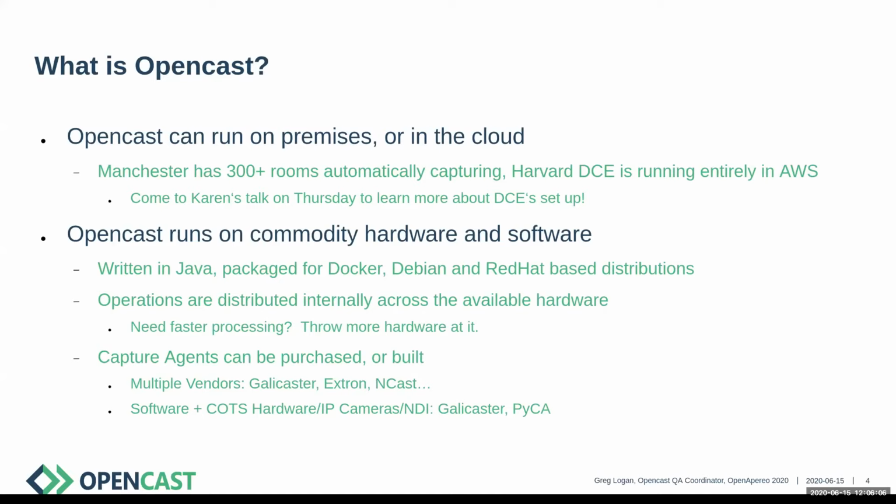Because we're written in Java and use Maven, it should work just about everywhere. Operations that you want run are distributed internally across the available hardware. If you need faster processing, generally it's best to just throw more hardware at it, but some of our users are experimenting with things like GPU encodes. So if you have a GPU available and want to speed up your encodes, you could test with things like that.